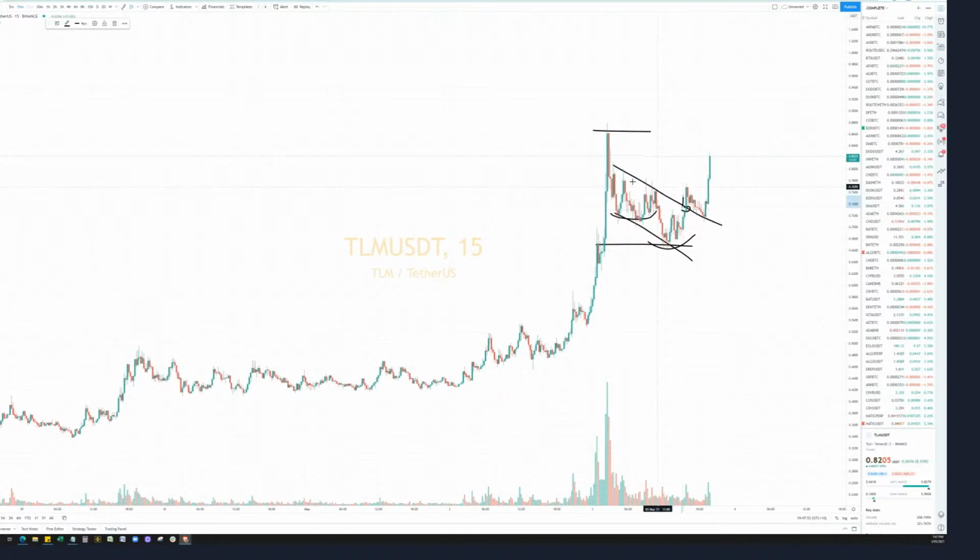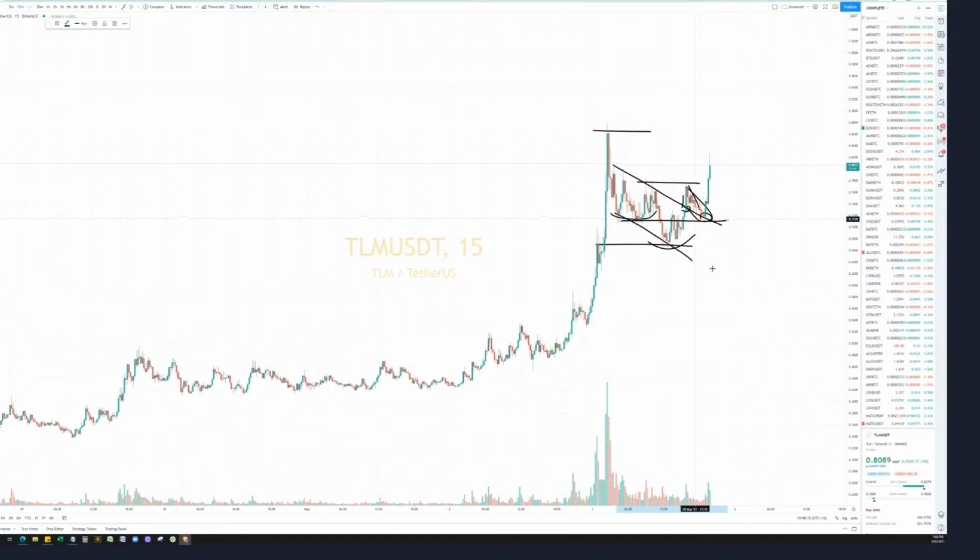Then price came to this resistance level and pulled back. However, this trend line was tested a few times, wasn't it? A number of times. So it became, in a way, a descending wedge. And this level here became support, like before.